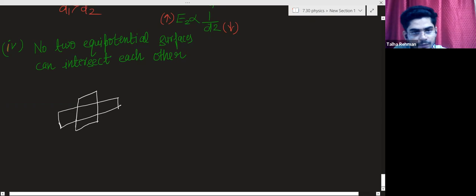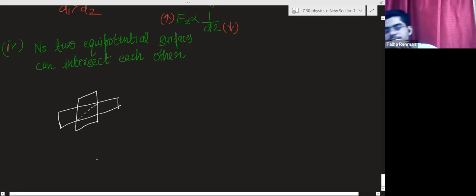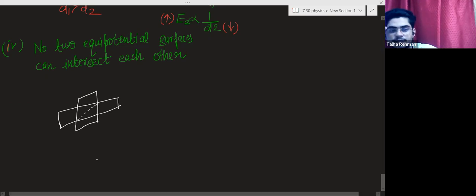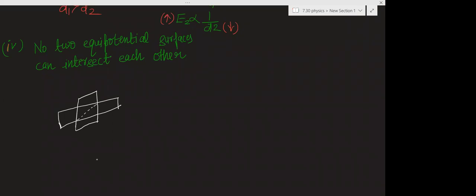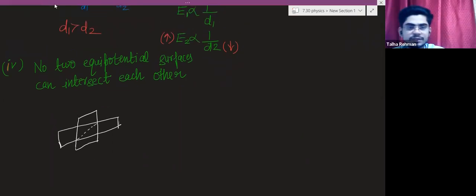And these surfaces are meeting like this, means intersecting like this. Okay, Harsh, have you got it? Yes, sir. I think this diagram is not that correct that I want to make.